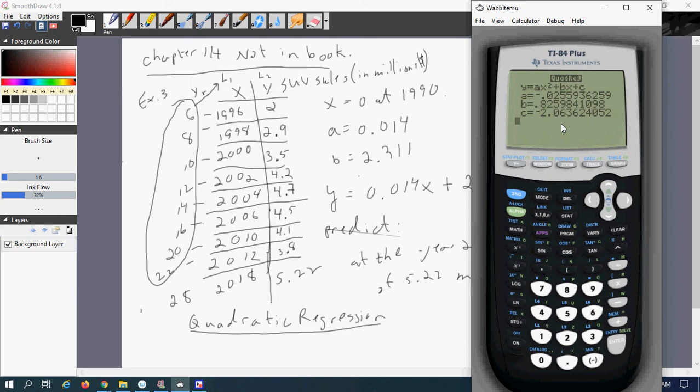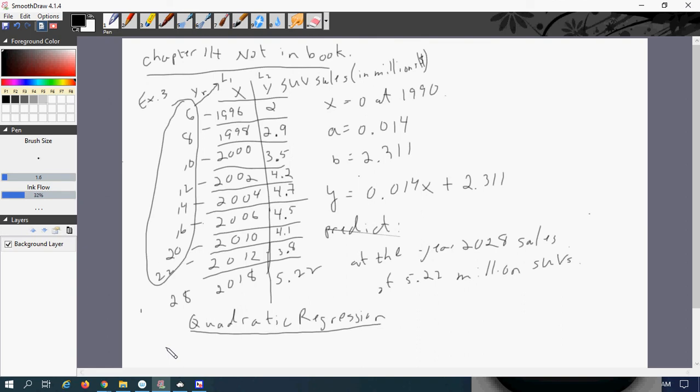And let's say we're also rounding to the nearest thousandths. So to do that type of setup, I would go ahead and write that out. My equation is going to be y = ax² + bx + c. Then my a, I'm going to round it, so that's going to be negative 0.026. b is going to be positive 0.826.